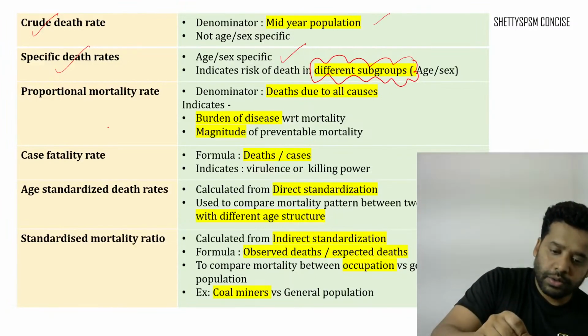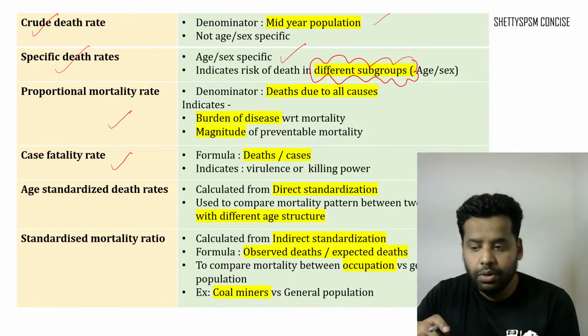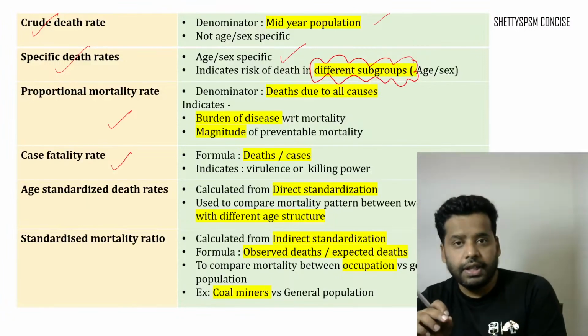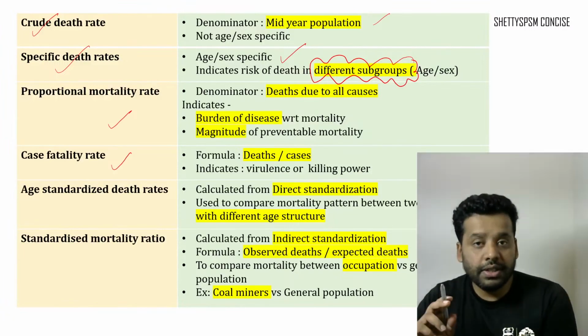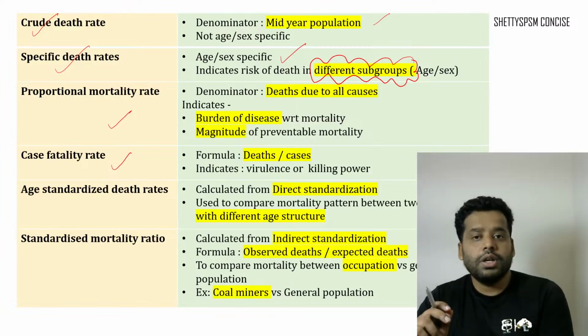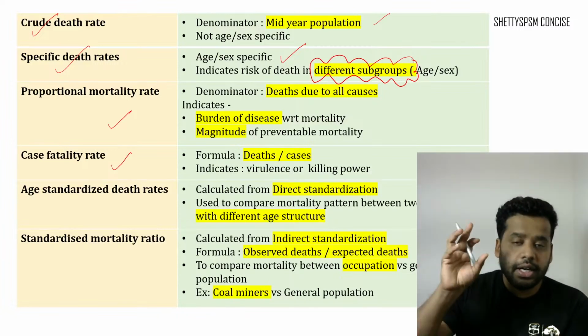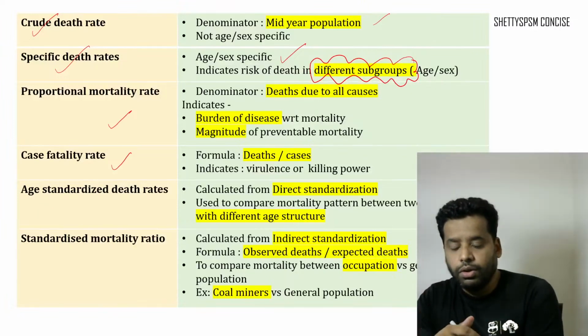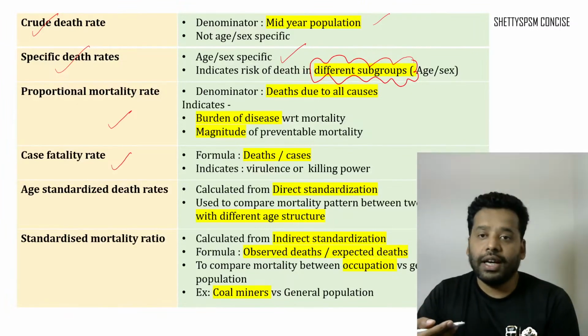Then come to these two things. How to differentiate between proportional mortality rate and case fatality rate. What is important is that proportional mortality rate is used for a disease like, for example, tuberculosis. We want to know the contribution of TB in terms of mortality.